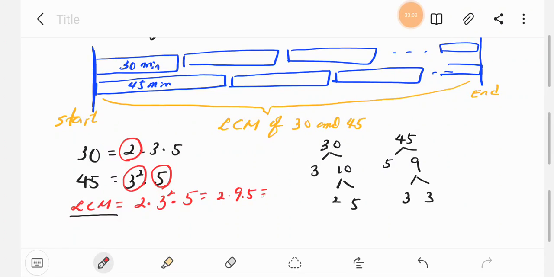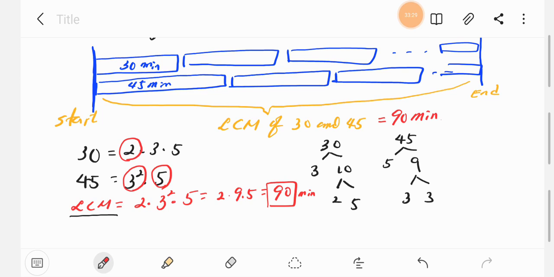Then 2 times 5 is 10, and 10 times 9 is 90. So 90 minutes is the LCM. So 90 minutes after the class started, they will end at the same time.